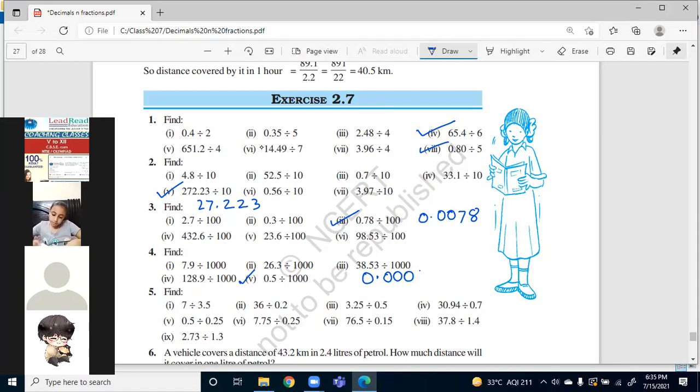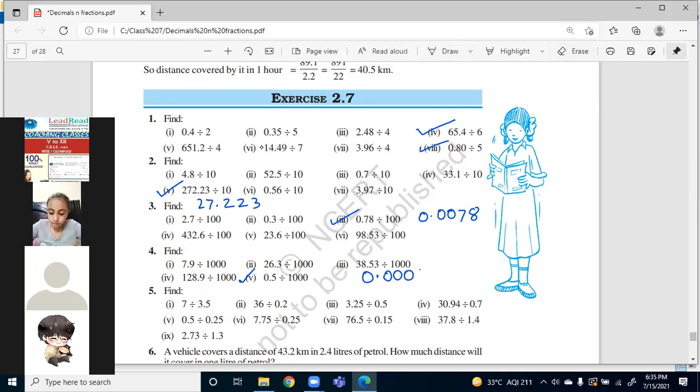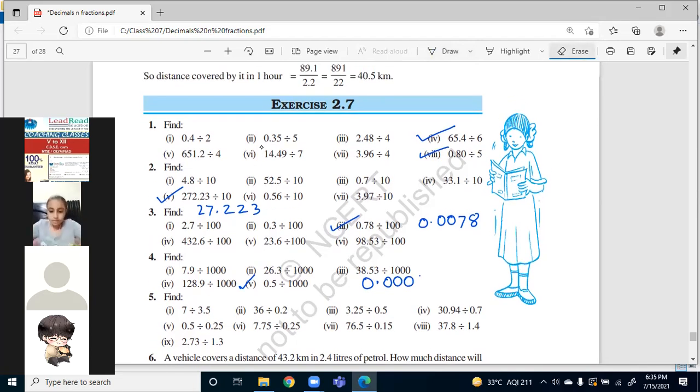No, that is wrong. Then, ma'am, 0.005. Yes, now it is correct. Ma'am, what is the correct answer? I am writing. See, 5. Oh, sorry, I am telling wrong. You are right, Garima. Just a minute.